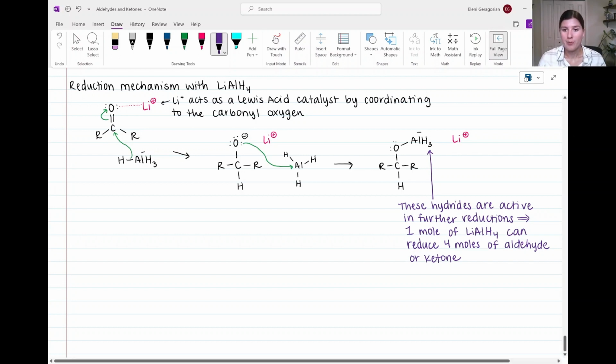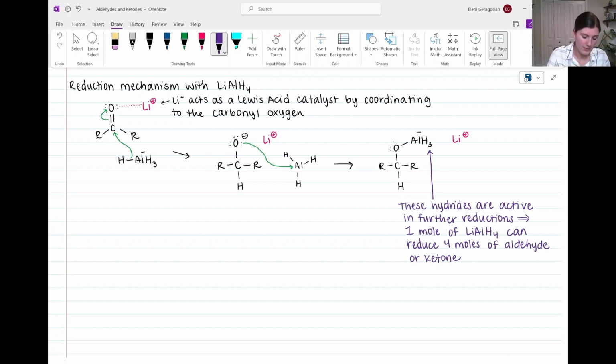So we formed this complex here where the oxygen is bonded to aluminum. The aluminum with the 3 remaining hydrides will continue to react. And when that reduction is complete, we have aluminum bonded to 3 oxygens with the remaining carbon chain.